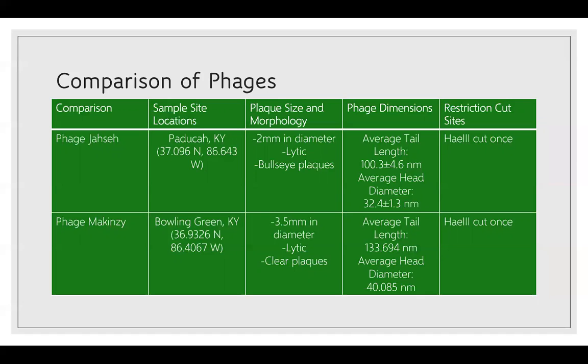However, phage Jahseh had bullseye plaques, while phage Makinzy had clear plaques. And then here you can also see the actual dimensions of the phages. And you can see that on average, Makinzy was a little bit larger. Additionally, phage Jahseh and Makinzy both had A3 cut once in restriction cut sites.